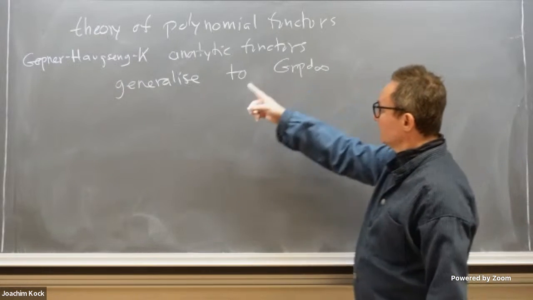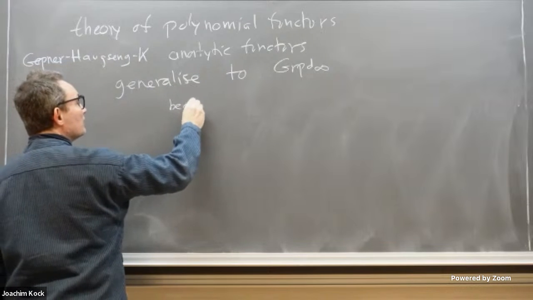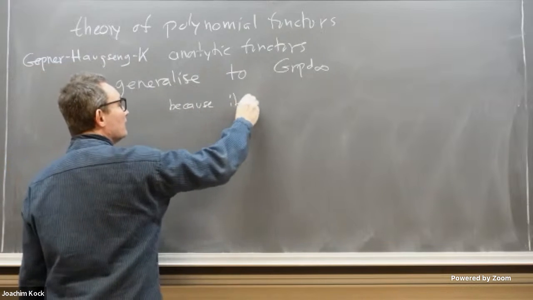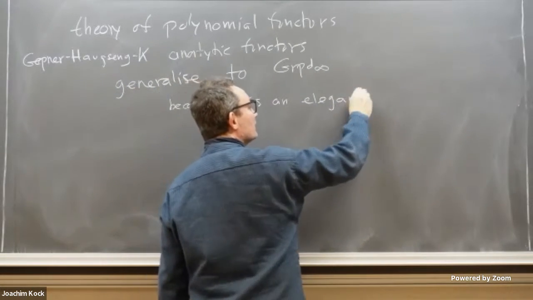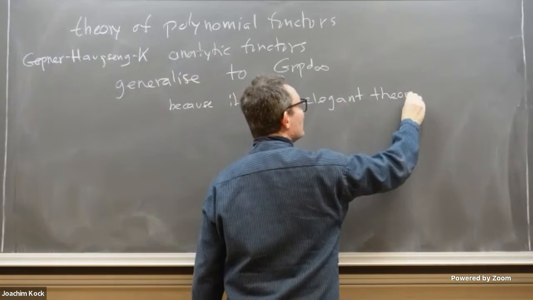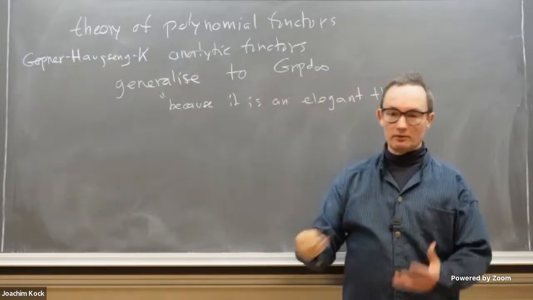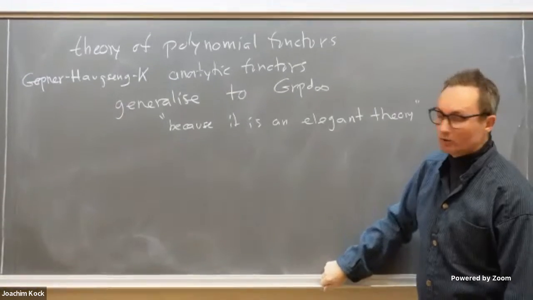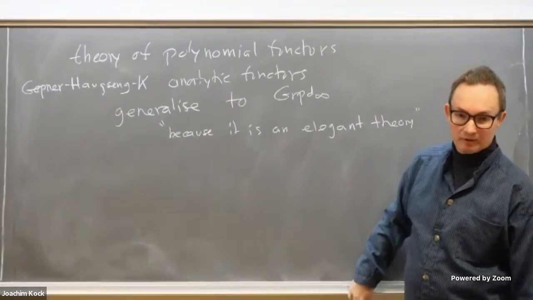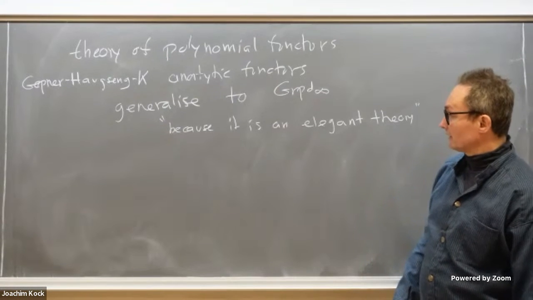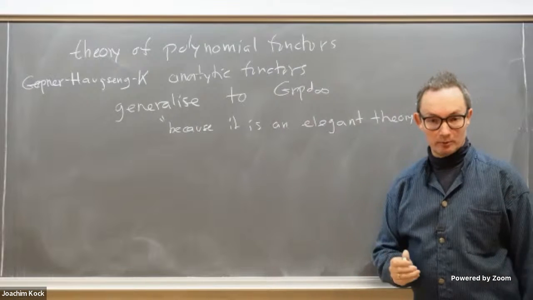So the reason this generalizes is because it is an elegant theory. I mean, the fact that you don't have to look at the polynomial functors themselves, you can look at their representing diagrams and do the theory at that level. That's what helps you to generalize from sets to infinity groupoids.